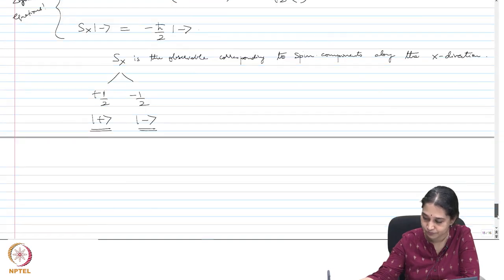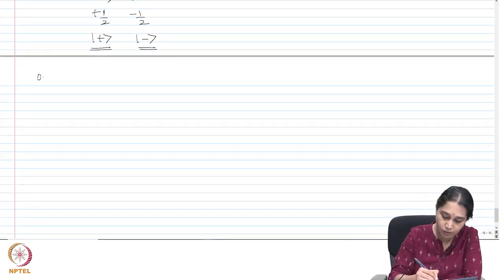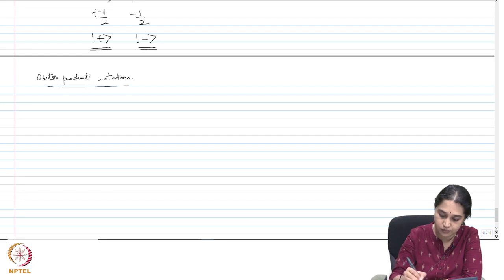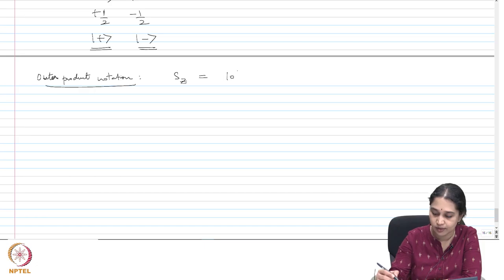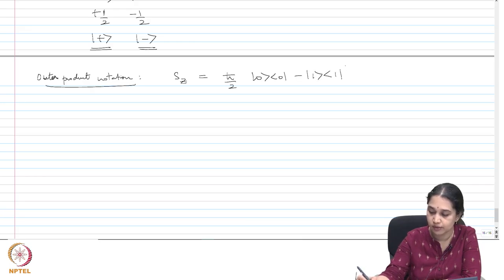So finally, let me also write down these matrices in the outer product notation. Sz can be written as h bar by 2 times (|0><0| minus |1><1|). And this is another feature of the fact that the 0 and 1 are eigenstates of Sz.